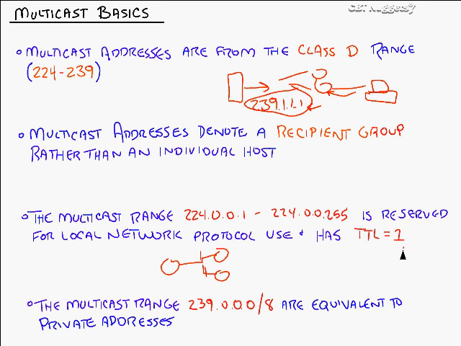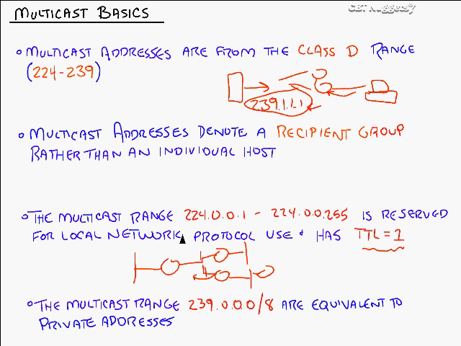Now this little fact hops in here, time to live of 1. What that means is when somebody sends a message out to one of these multicast addresses, the routers will receive it, but if a packet has a time to live of 1, will it ever be propagated through a router to some other attached network, maybe another router down here? No. Time to live is decremented every single time a message goes through the router.